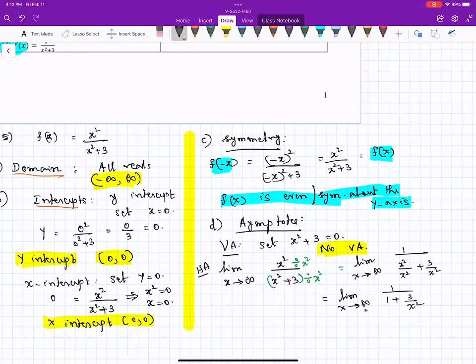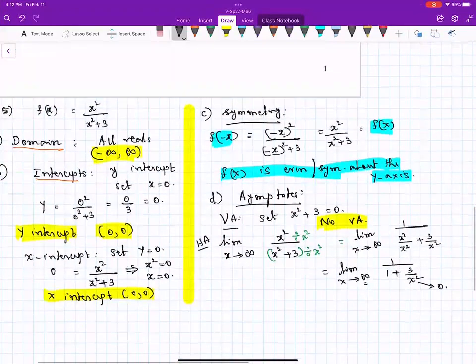As x approaches infinity, x squared is a very large number, so 3 over a large number becomes 0. So it is just 1 over 1 plus 0, which is 1. So the horizontal asymptote is y equals 1. There is no vertical asymptote, but there is a horizontal asymptote whose equation is y equals 1.